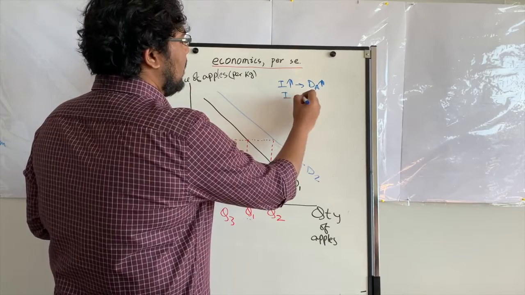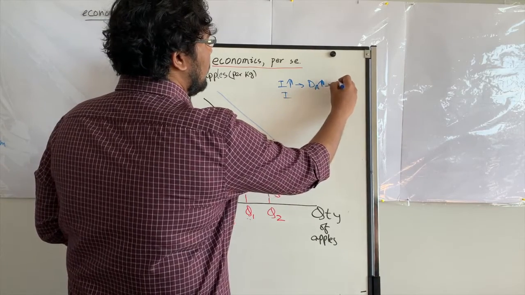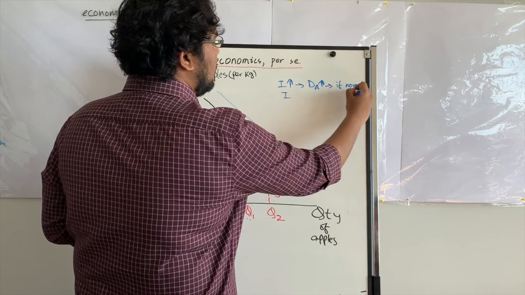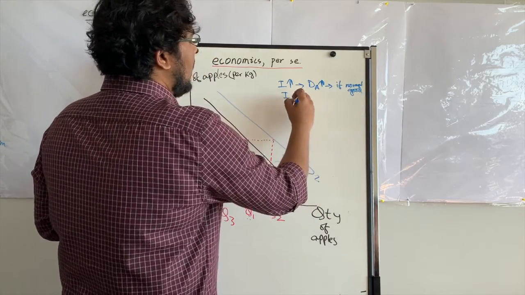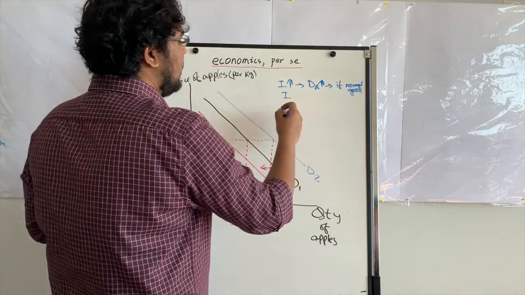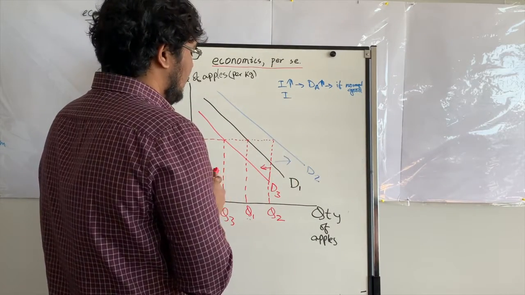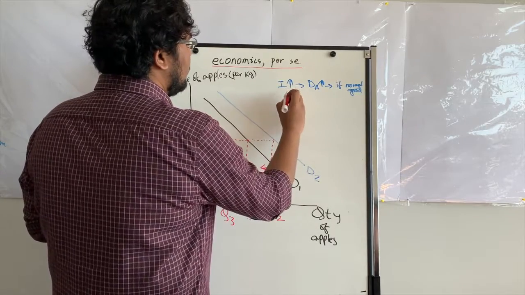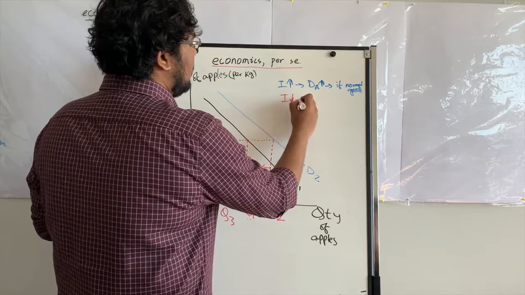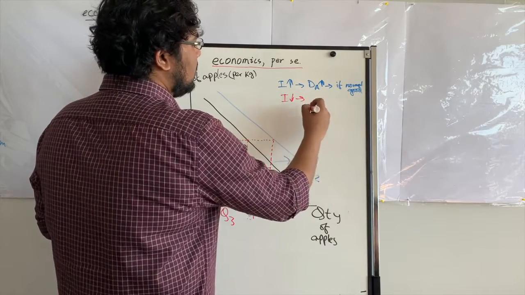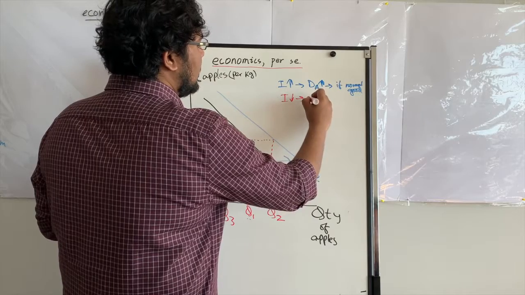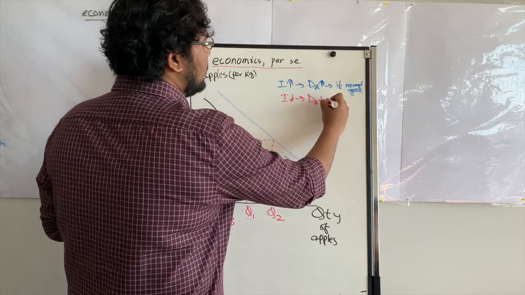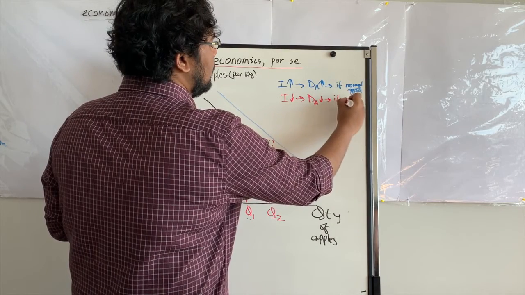And if the income is decreasing for you, then it would in turn decrease the demand for apples for you, if again normal good.